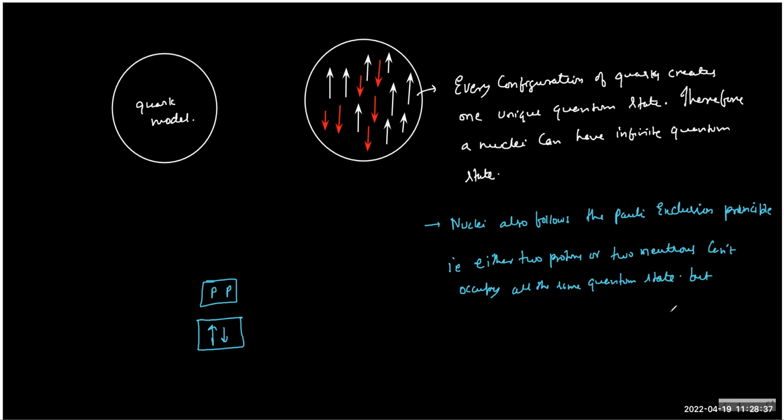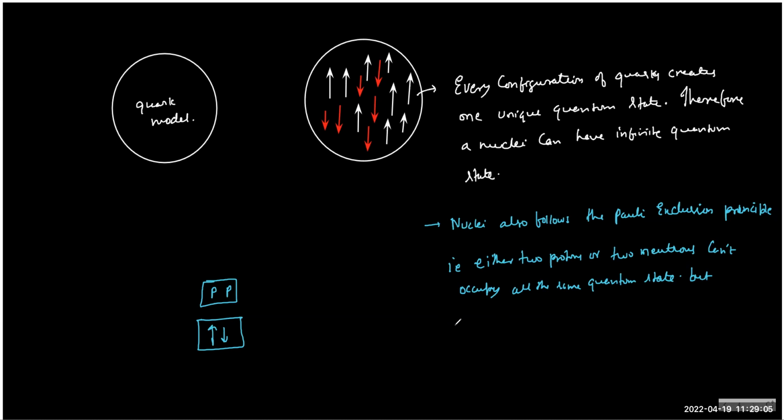You can see that if we have two protons together and two neutrons together, as per the Pauli exclusion principle, such pairing is not favorable because they cannot have all quantum states the same. But if we have one proton with one neutron, they can live together with all quantum states the same.